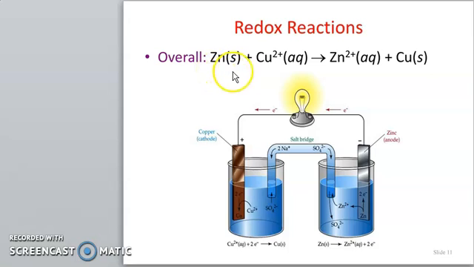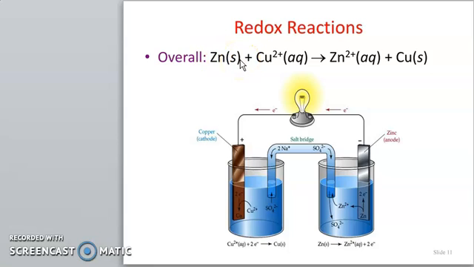We have to discuss the redox reaction. The reaction of zinc, which is solid, and copper 2+ aqueous, and this is the arrow, completion of reaction. When the reaction is completed, this copper 2+, which was missing 2 electrons, is fulfilled.